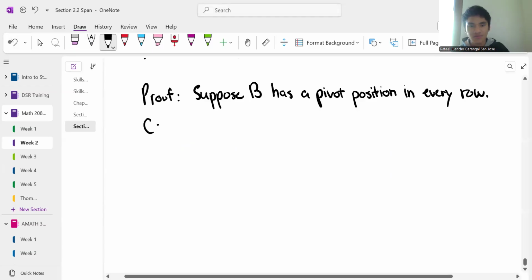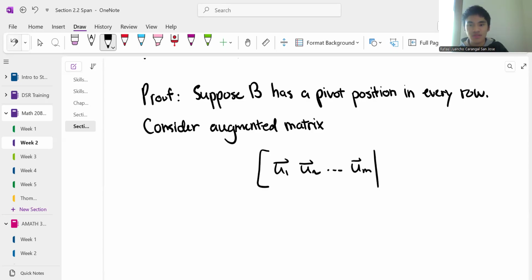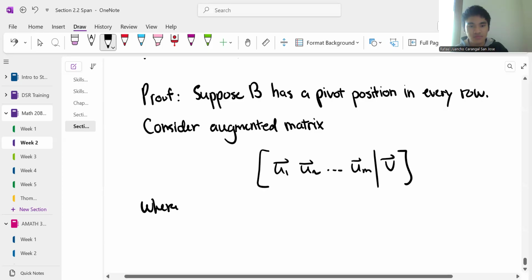And then we consider the augmented matrix, which is u sub 1, u sub 2, all the way to m. Then this gives me a vector v, some random vector. We know that v belongs in Rn.